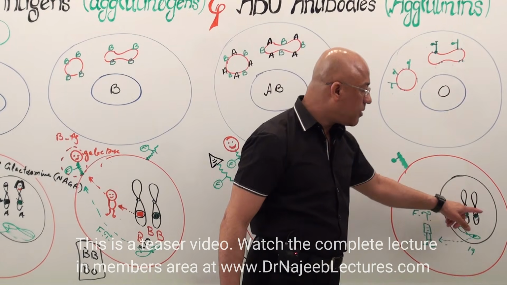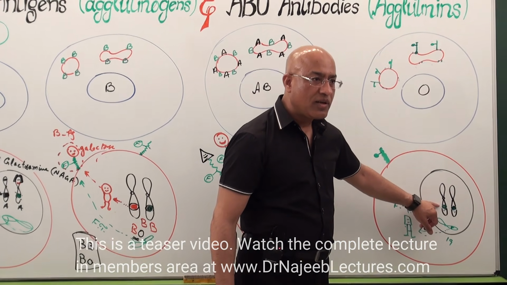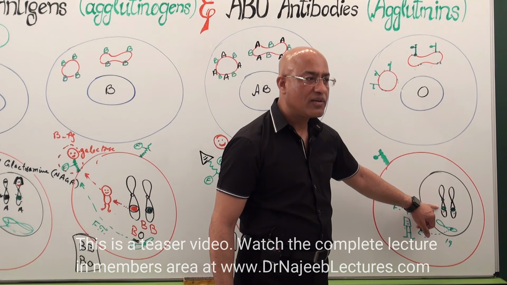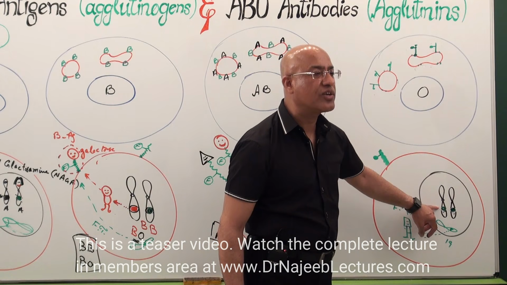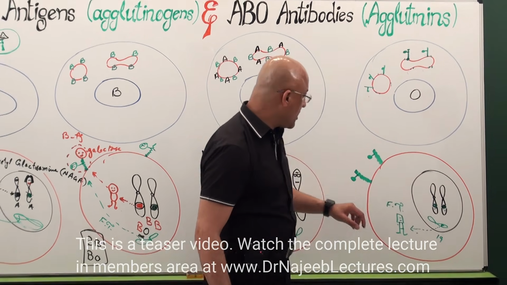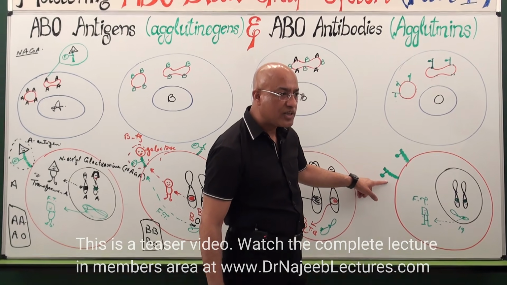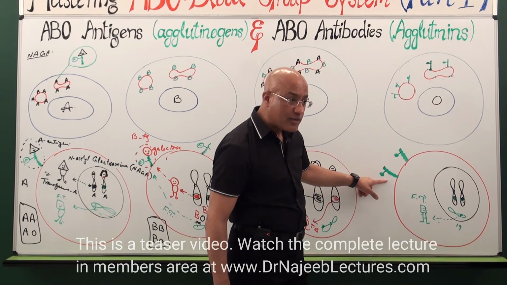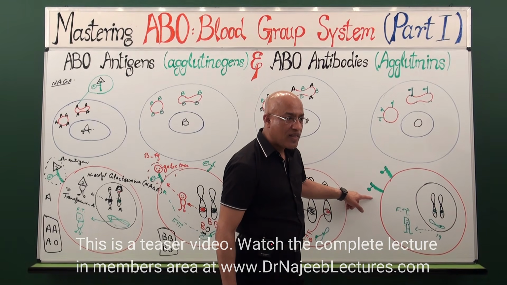But from both maternal and paternal sides, he received genes which are inactive genes. They do not produce any functional transferases. So H substance could not be converted into A antigen or B antigen. So they stay as the H antigen or H substance, right?